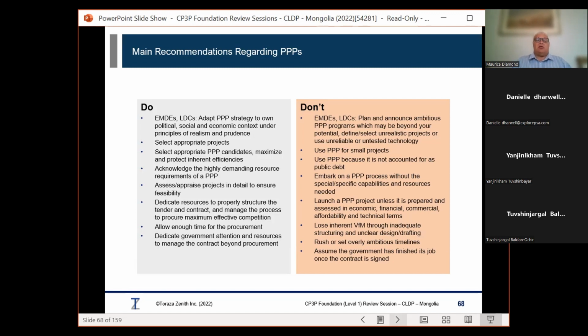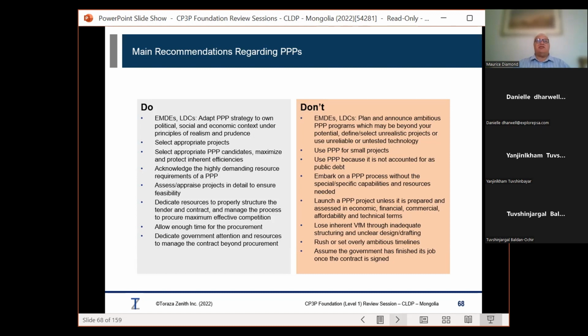Now, what I say is, look, it might be that any particular jurisdiction may have issues with a particular PPP. That doesn't mean to say you shouldn't do the PPP. What it means is that we have to look at doing the PPP differently and adapting it to that local environment.